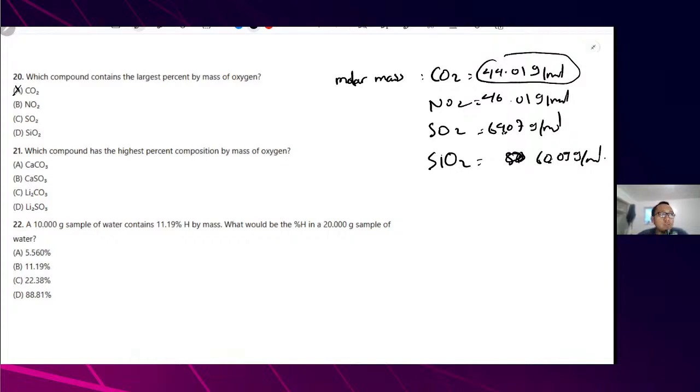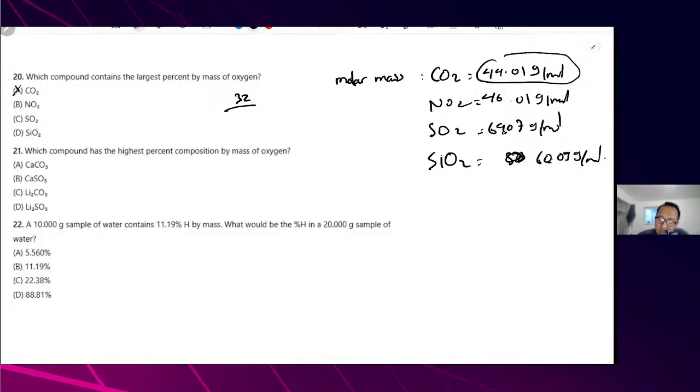But calculating one by one is pretty easy. We just need to know the oxygen mass, which is 32 for each compound.